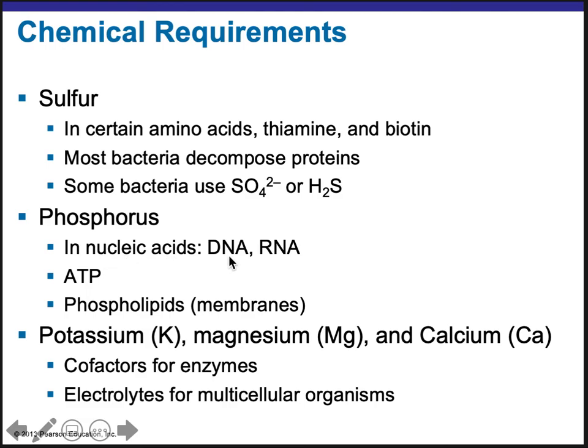DNA and RNA have that phosphate group, ATP, triphosphate, and the membranes of all of our cells, phospholipids. So phosphorus is very numerous, and we need it in large amounts. And then we also need things like potassium, magnesium, and calcium. We need them as cofactors for enzymes.